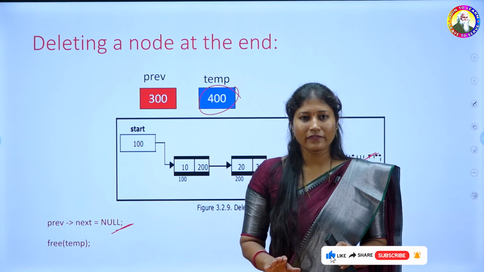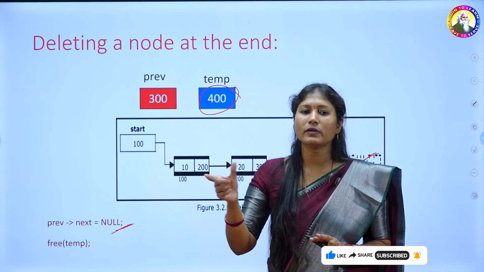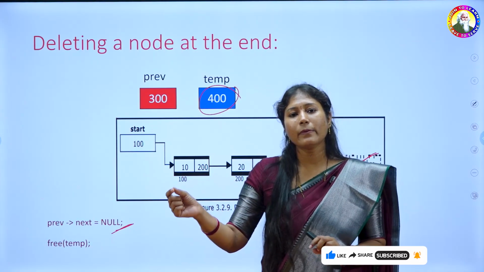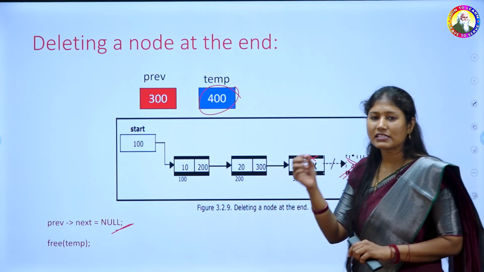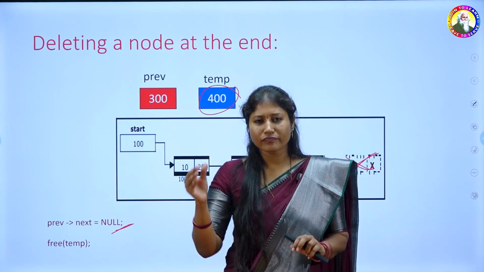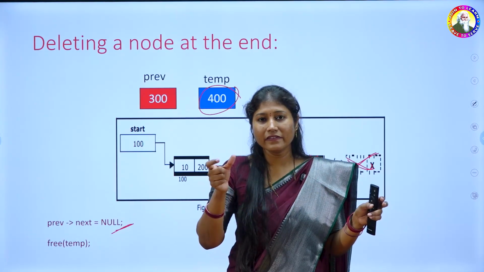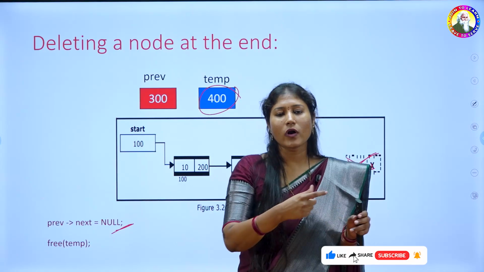So, in this one, what we have decided, here we require two pointers. One is the temp pointer, the other one is a previous pointer. Temp pointer will help you to traverse from the beginning till the end point just by writing the condition temp equal to temp next. Now, whenever I am moving forward, the previous pointer should also go along with the temp. How can I do that?